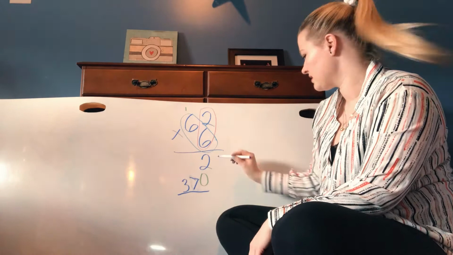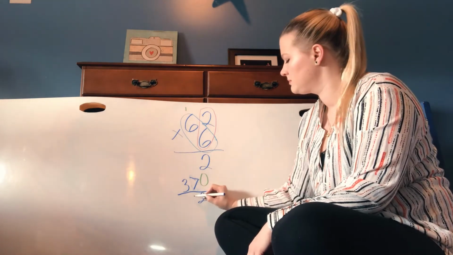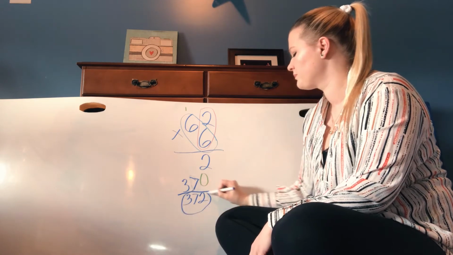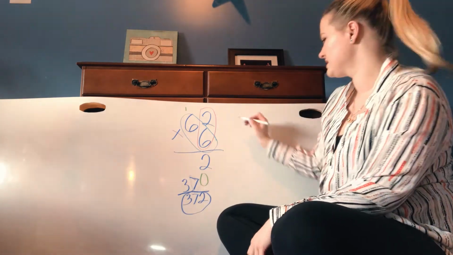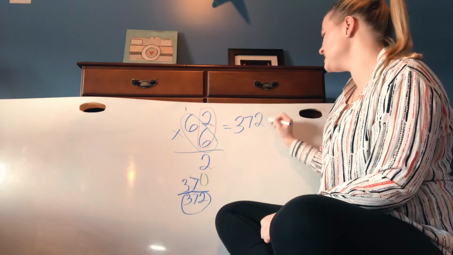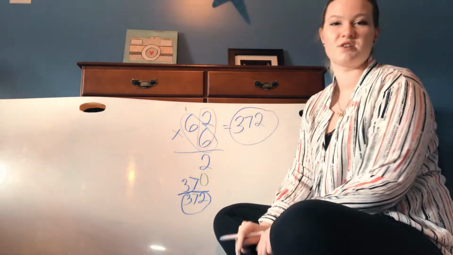Now we add those together. We've got a 2 in the ones column, 7 in the tens column, and a 3 in the hundreds column. So we've got 372. So 62 times 6 is 372.